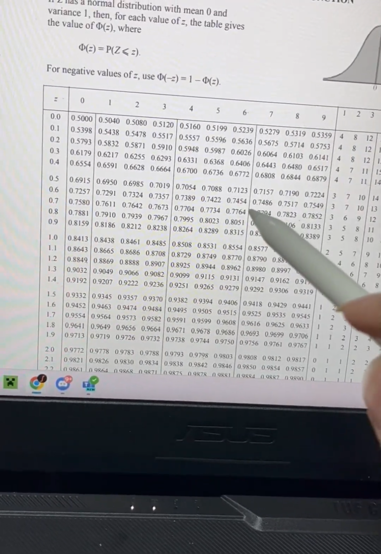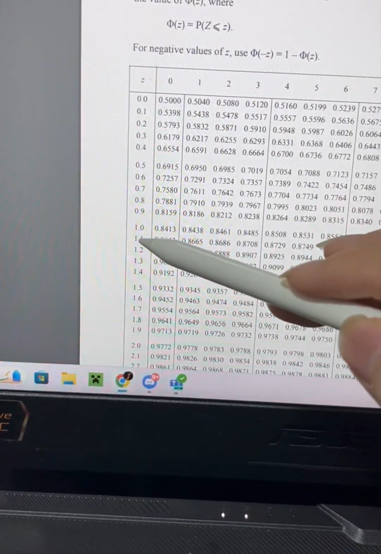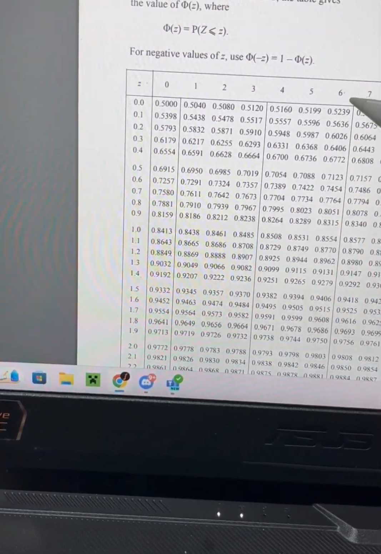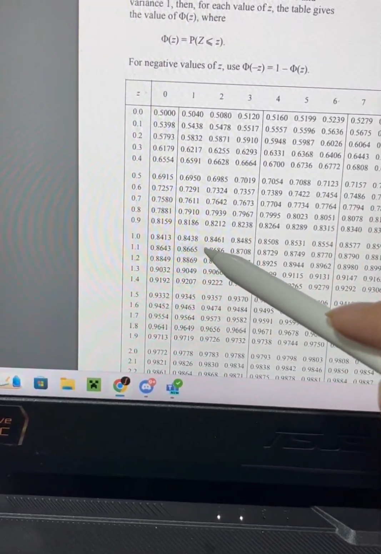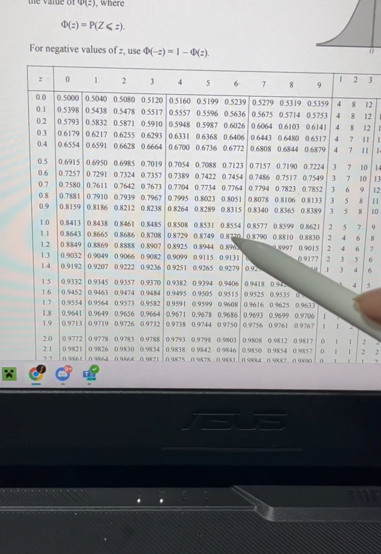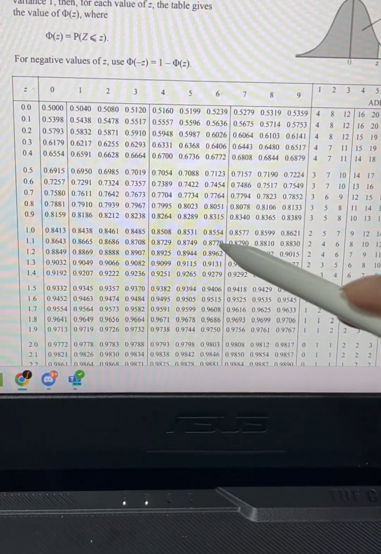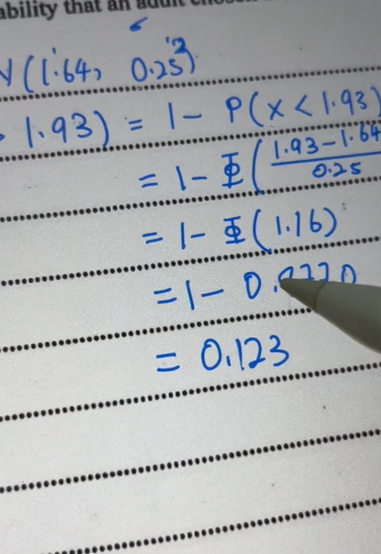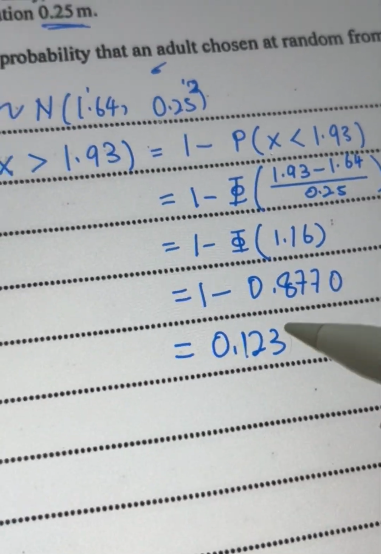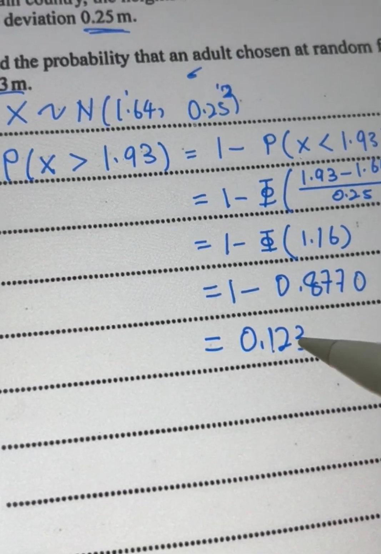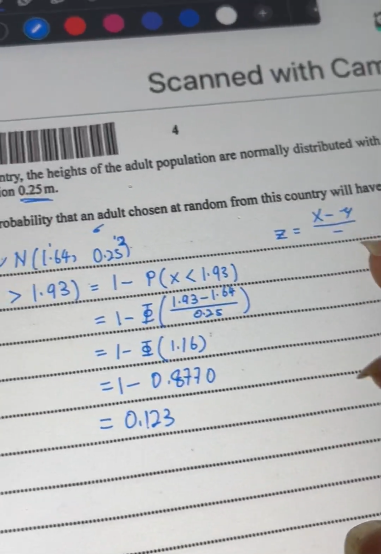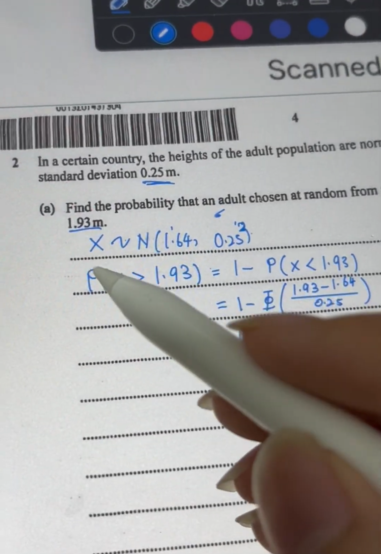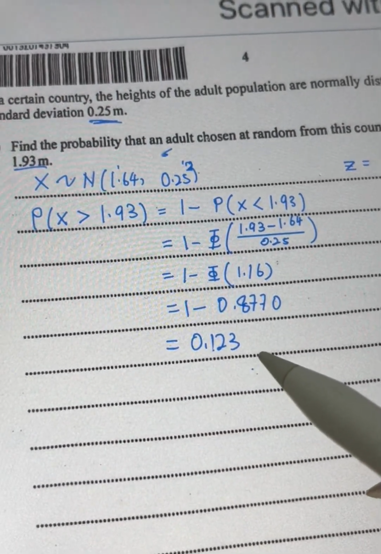In this case we don't have the third, so we look for 1.1, then 6. Here is 6, so we got 0.8770. Then we write 1 minus 0.8770, and we get 0.123. So the probability that x is bigger than 1.93 is 0.123.